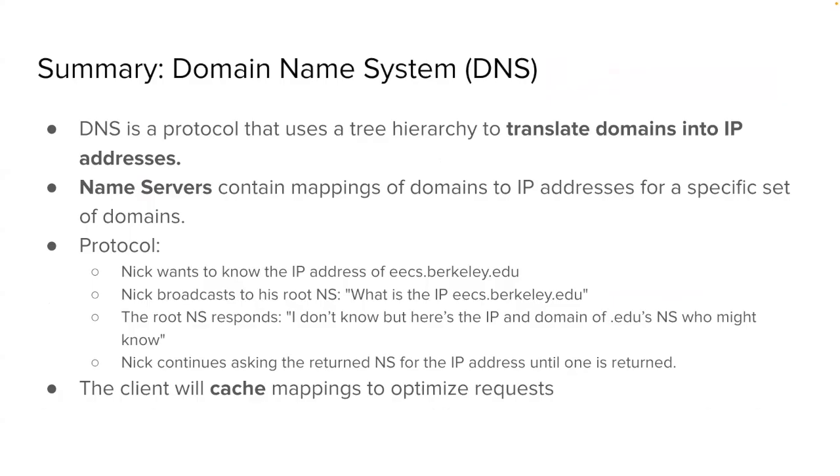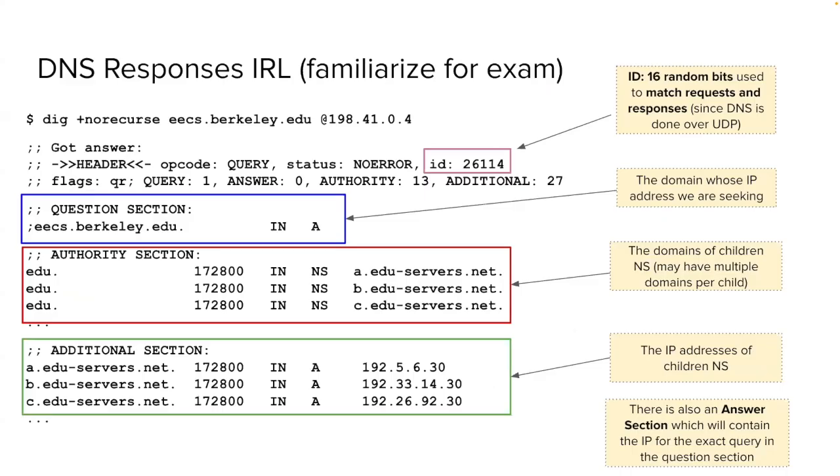You contact that, then you go to edu, and then edu tells you berkeley.edu, and so on. And every time you receive responses, you can cache these to not go to the actual server every time. And when you cache these responses, they have something called TTL. And this TTL shows you how long you can keep this in cache.